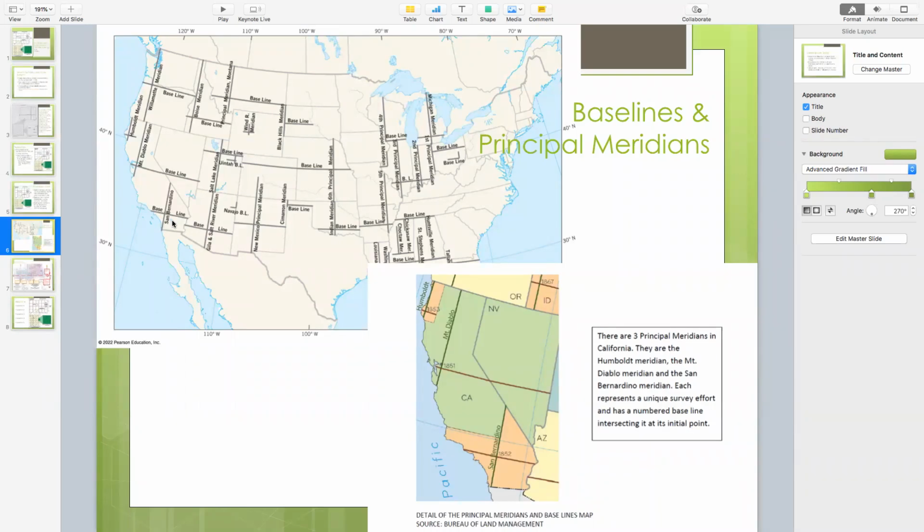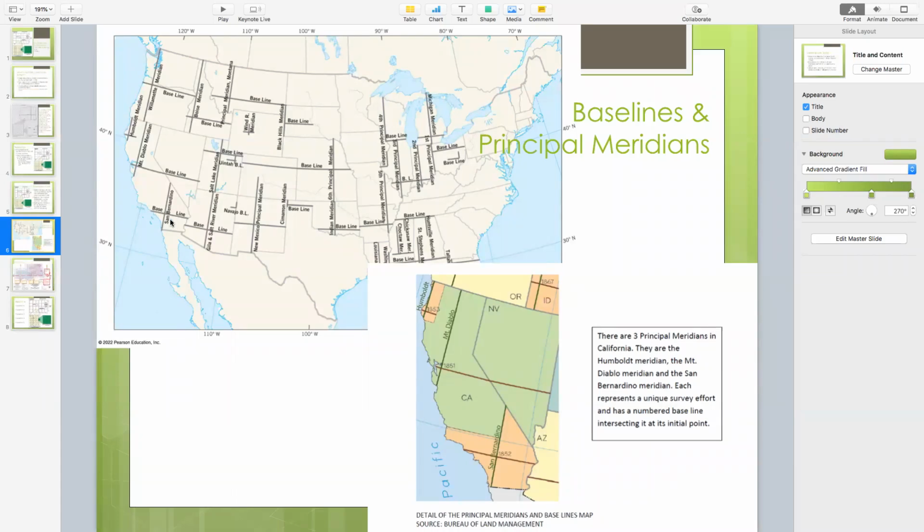There are actually 3 principal meridians here in California. We have the Humboldt Principal Meridian in Northern California, the Mount Diablo Principal Meridian near San Francisco, and the San Bernardino Principal Meridian. And this map comes from the US Geological Survey.